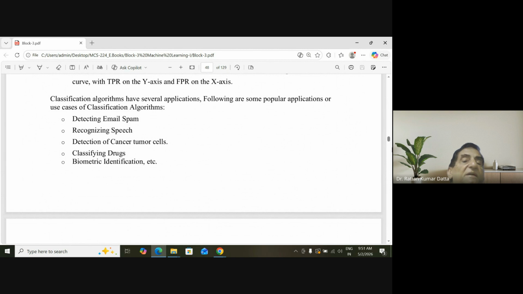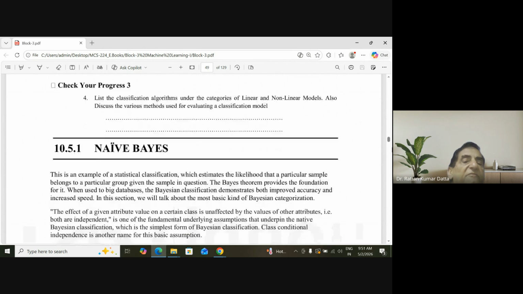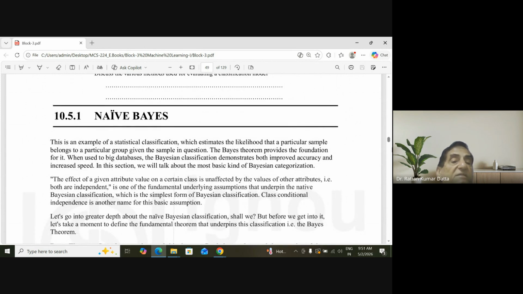Applications are detecting email spam, recognizing speech, detection of cancer tumor, classification of drugs, and biometric identification, etc. Naive Bayes is an example of statistical classification which estimates the likelihood that a particular sample belongs to a particular group, given the sample in question.